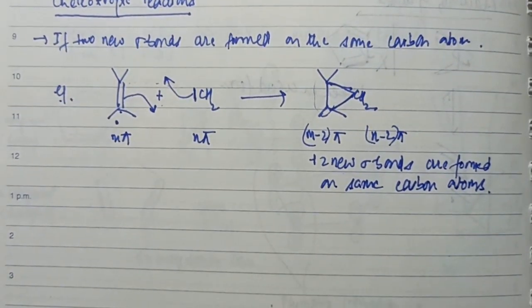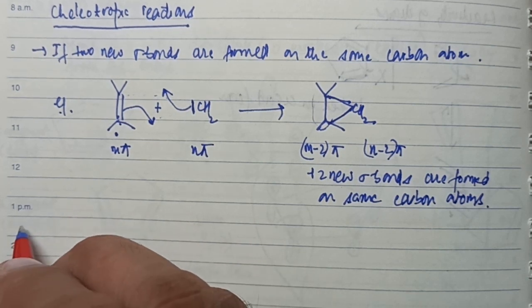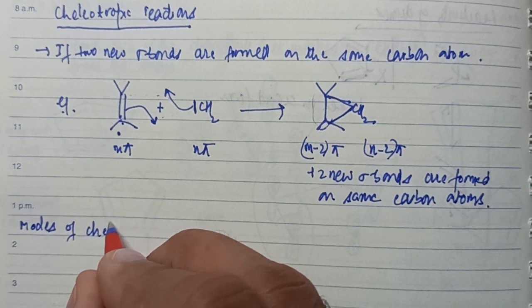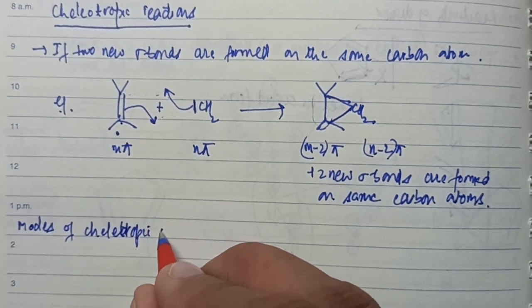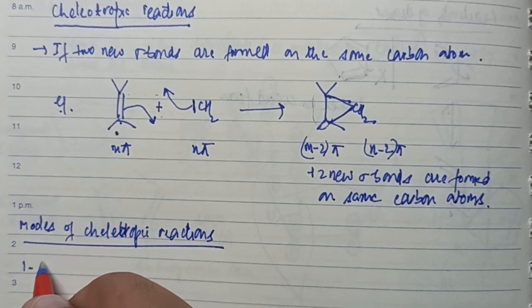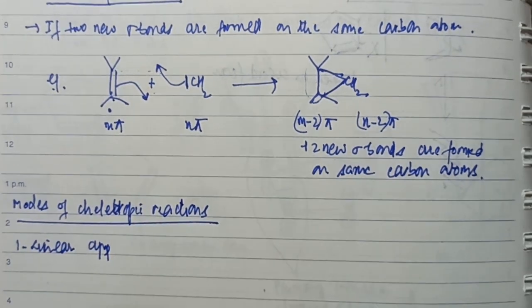Now, cheletropic reactions can occur in two stereochemical modes, or two orientations. These two modes are the linear approach and the non-linear approach.